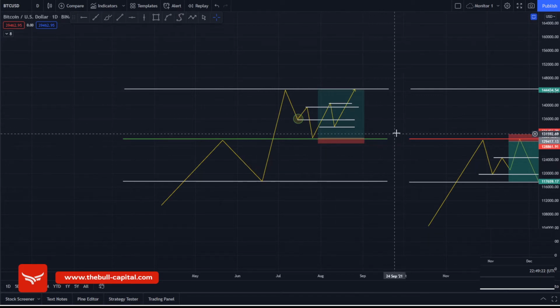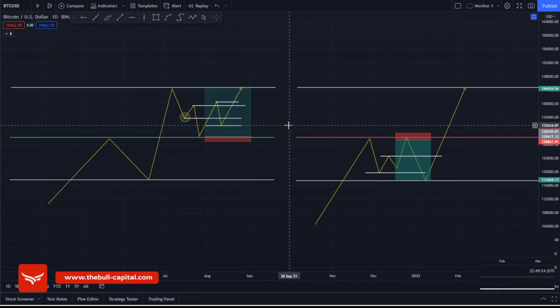So this is how we enter a long and how we enter a short, and what levels we should look at to take profits.